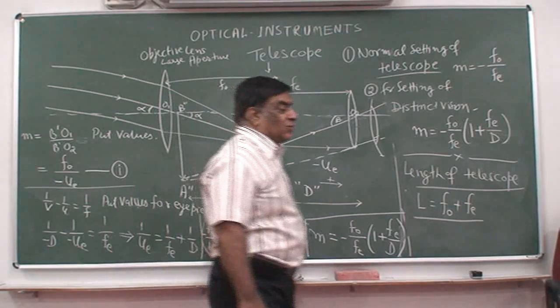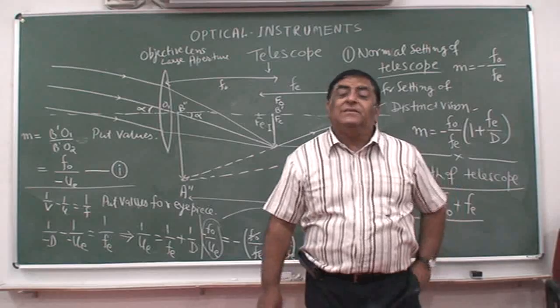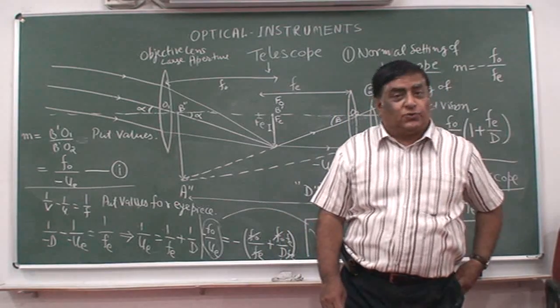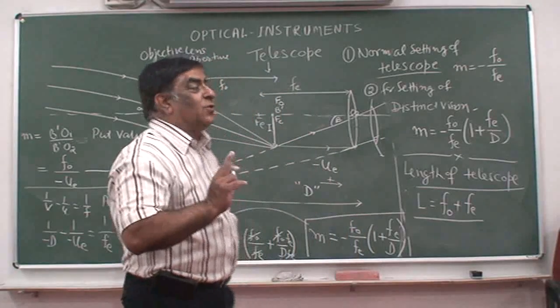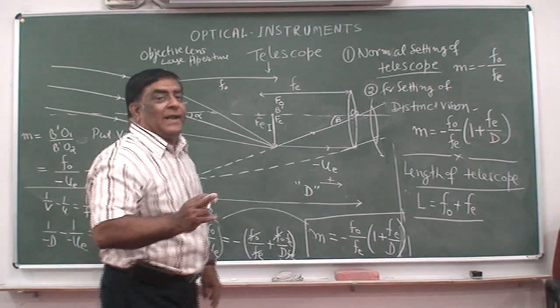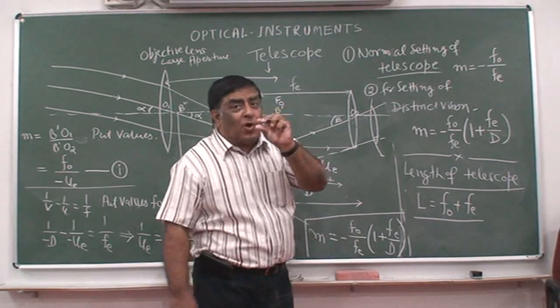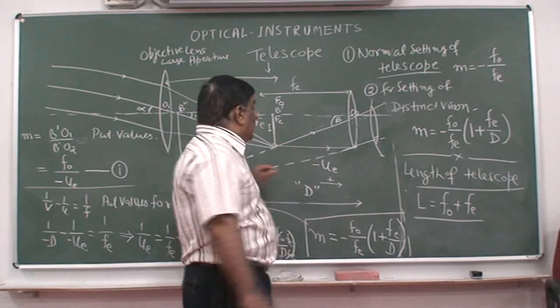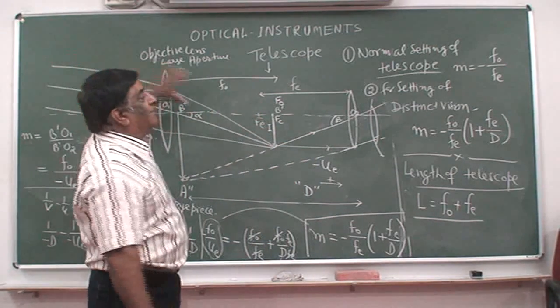Now this type of telescope, are there any other variations? The answer is yes, there are many variations of telescopes. But so far you have understood how the telescope works. There is another difference between microscope and telescope. Microscopes, small things, large. Here also large, but a small image of the faraway thing.